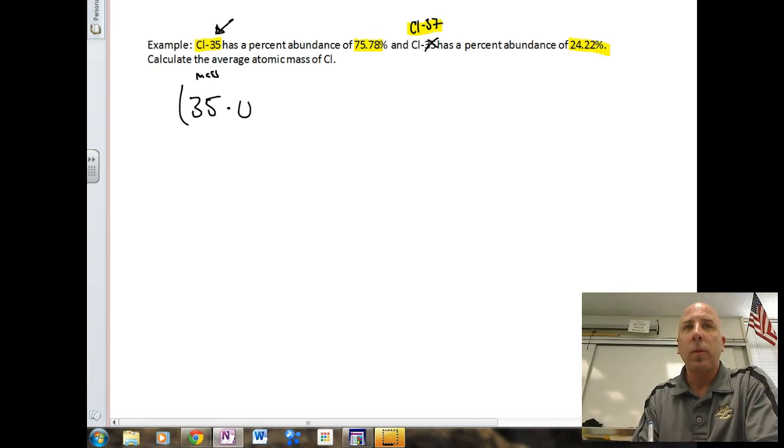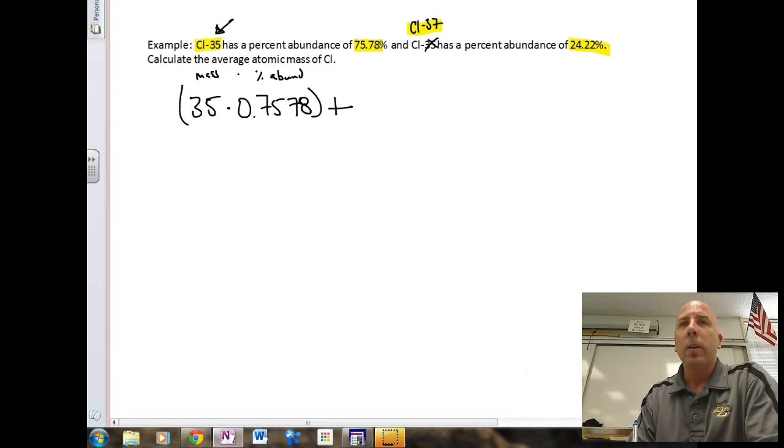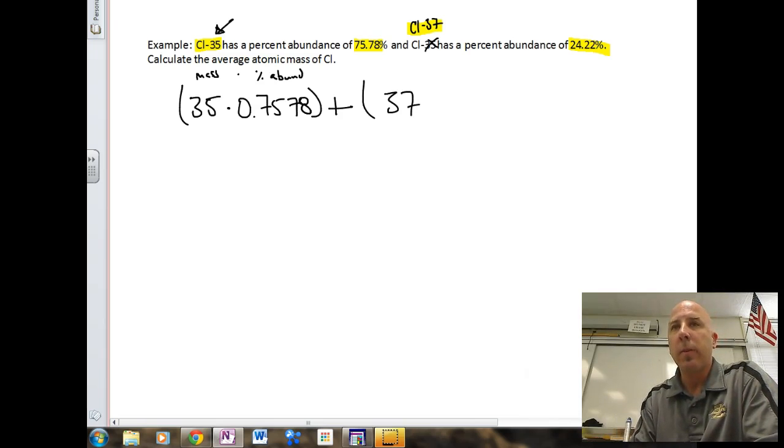Whenever we multiply it, we have to turn it to a decimal, so we slide the decimal place 2 places to the left, or divide by 100. 0.7578, just like that, and that's our percent abundance. So we're going to multiply those two values together. Then we're going to add that to 37, the other isotope's mass, times its percent abundance.